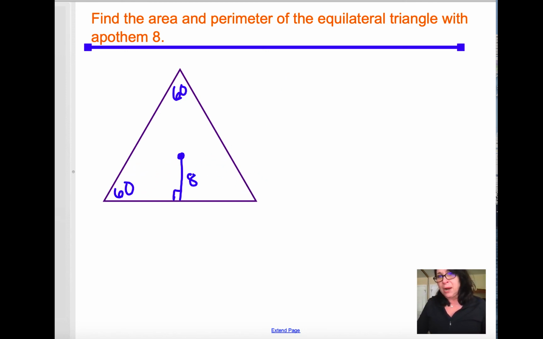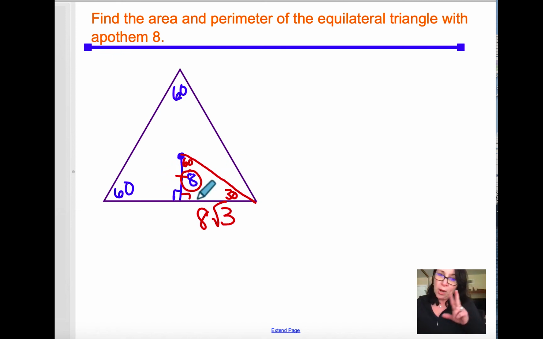When I bring in my radii and come down here, that 60 is cut in half. 30, that's a 90. That makes this up here a 60. Across from the 30 is our A value, and that's 8. Across from the 60 would be 8 root 3.